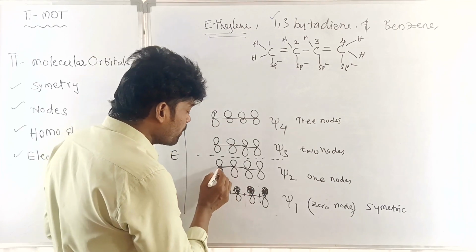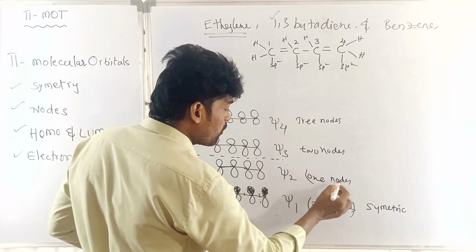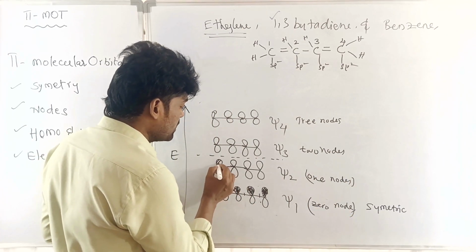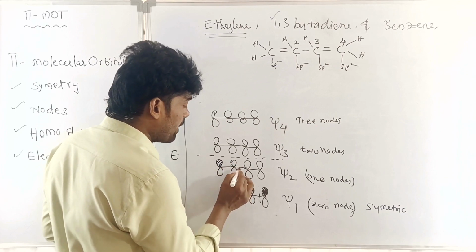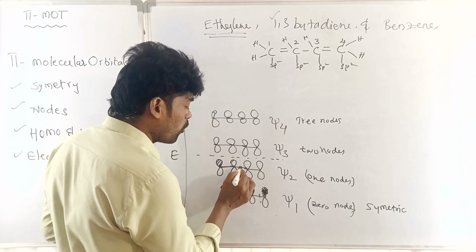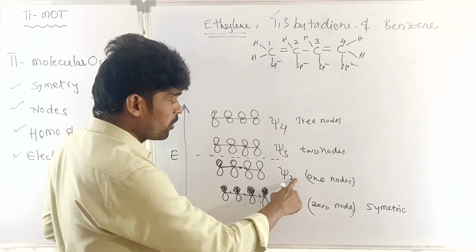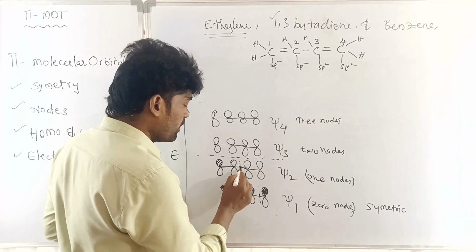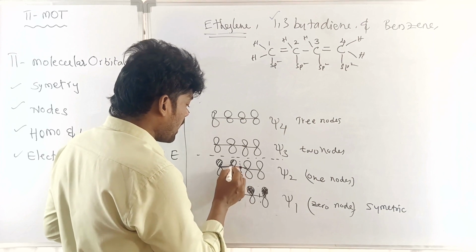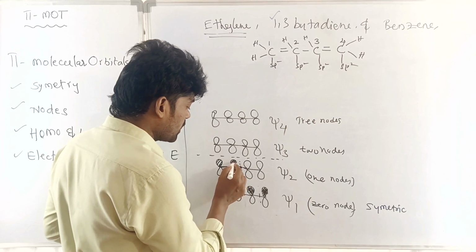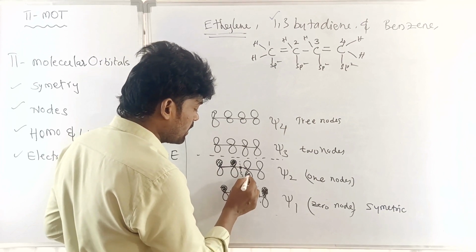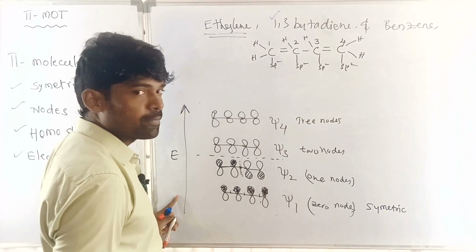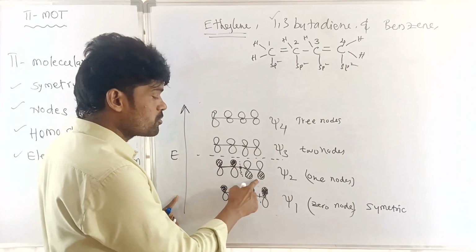In psi 2, based on 1 node, I am using my intelligence and taking the center point for the node. One node is enough. So I am taking the center point first. With this center point, I am shading. See, both are shaded, and here these two I am giving shading. Positive, positive, positive, positive.